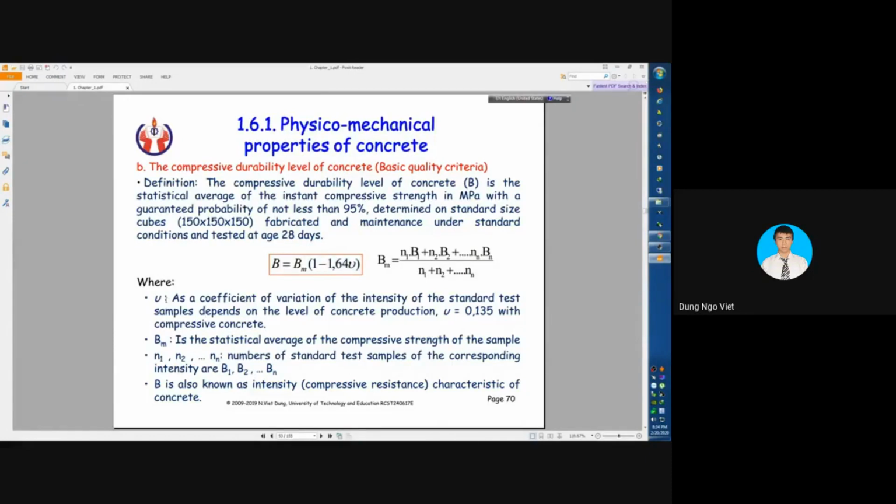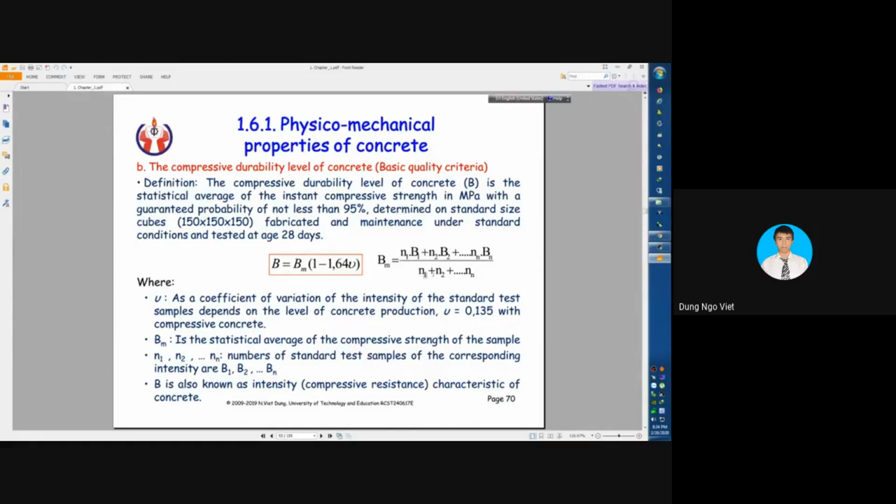And the nu value is a coefficient of variation of the intensity of the standard test samples, depending on the level of concrete production. And normally, the nu value is equal to 0.135 for compressed concrete. And the BM is the statistical average of the compressive strength of the sample.